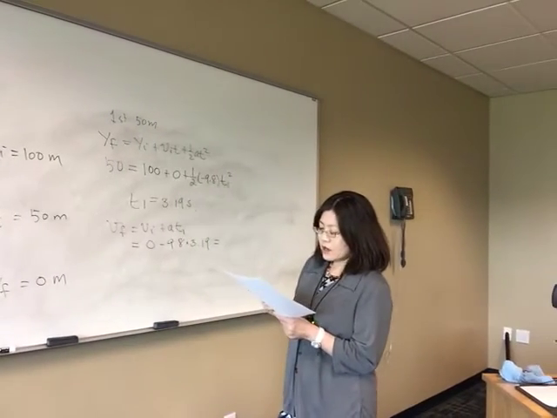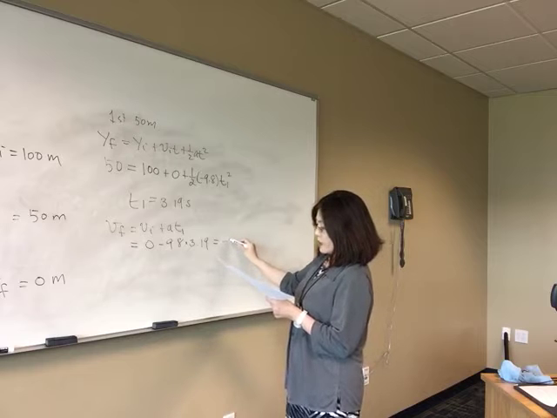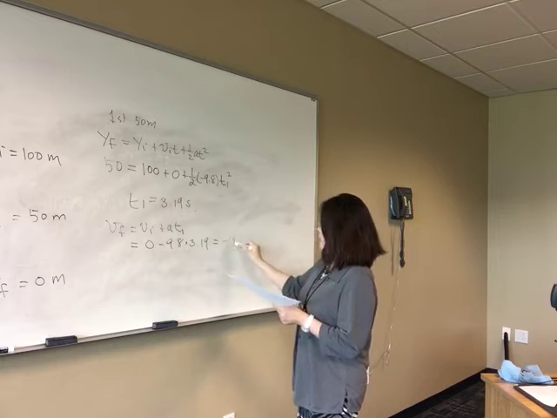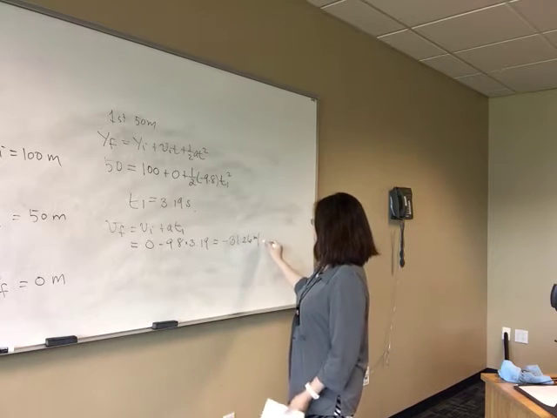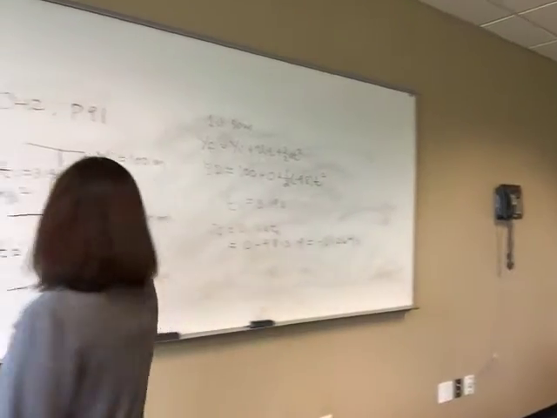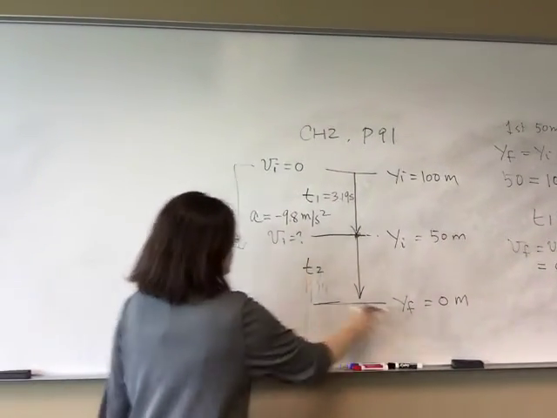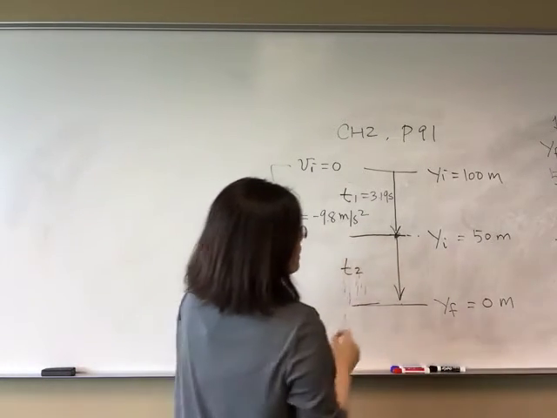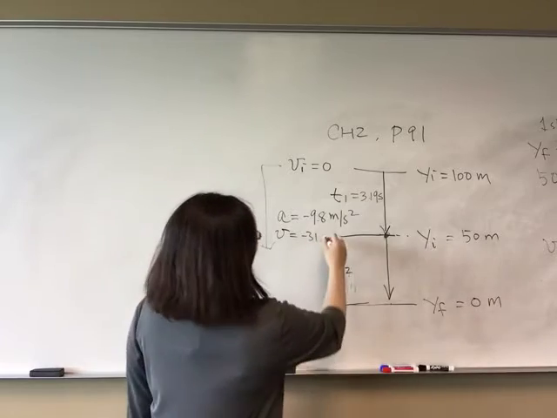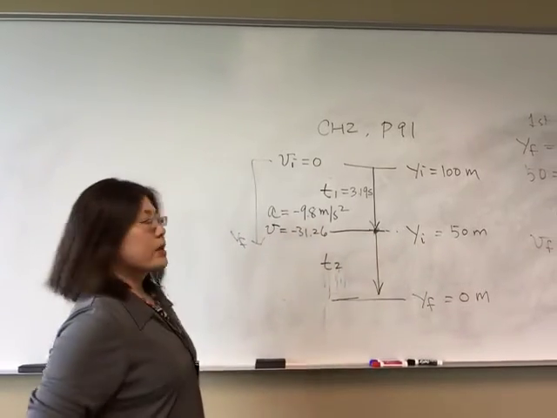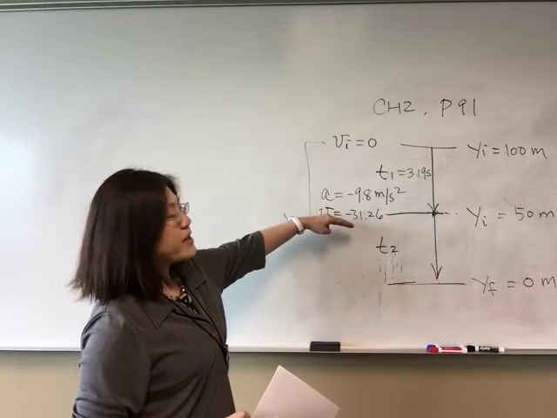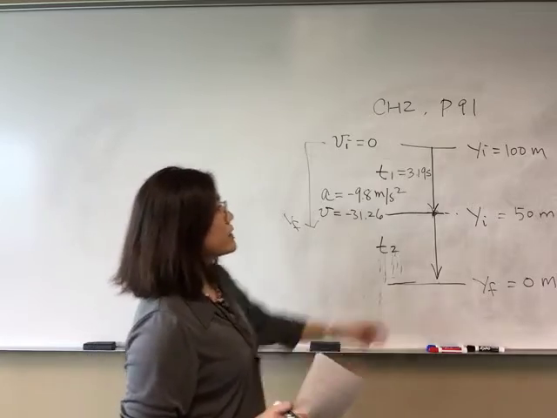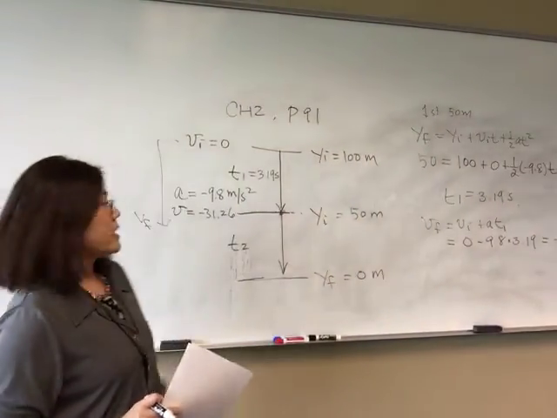So your VF here would be negative 31.26 meters per second, which means that after 3.19 seconds, the velocity at this point is negative 31.26 meters per second. So now you have this velocity, and you're going to treat this as your initial velocity, and this as your final height. So you can use this equation to calculate the time T2.